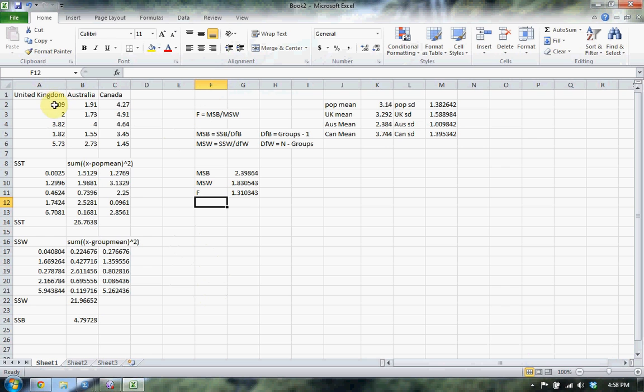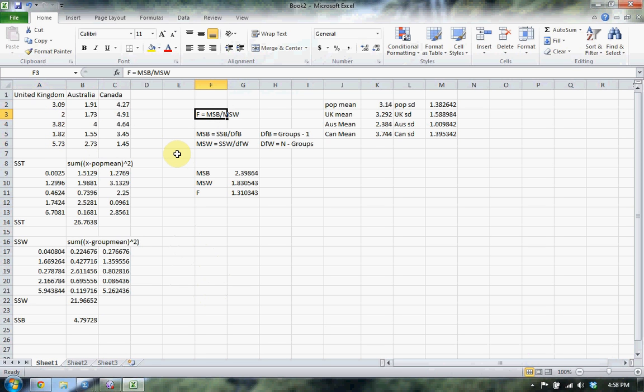So in between the United Kingdom, Australia, and Canada, that's the mean value of the differences between the groups, and the mean square within groups is the error, the value that arises from the changes within the group. So it accounts for the difference as well as the variance.